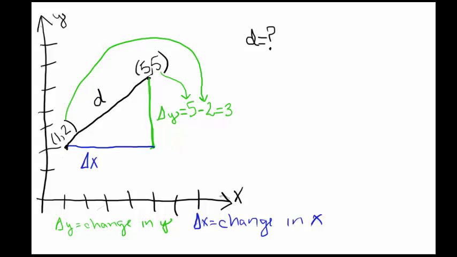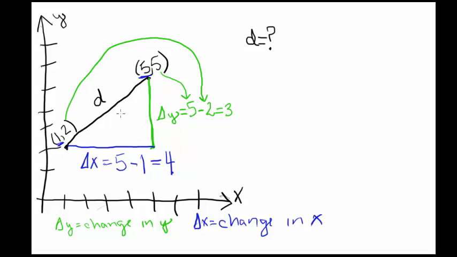So what is our change in x? Up here we have x being 5. And down here we have x being 1. So our change in x here is 4.